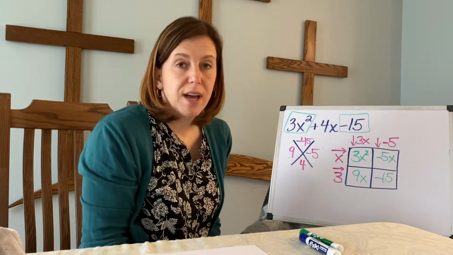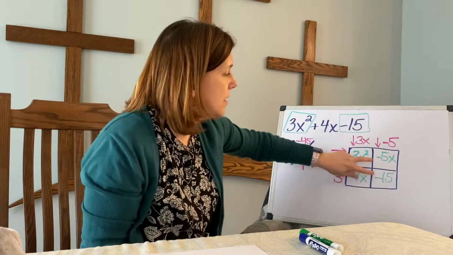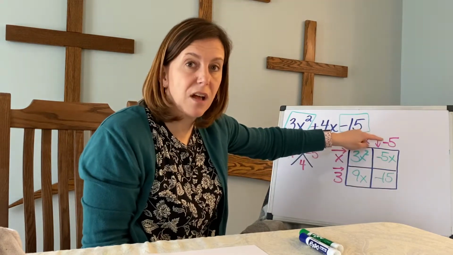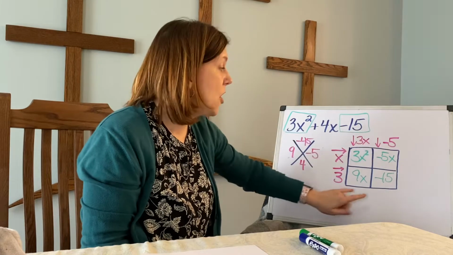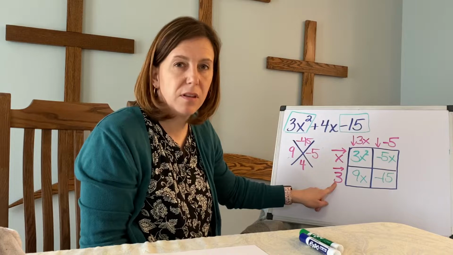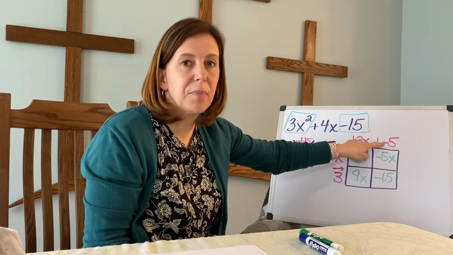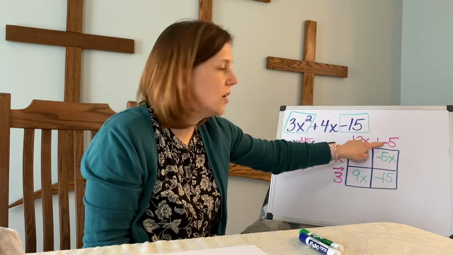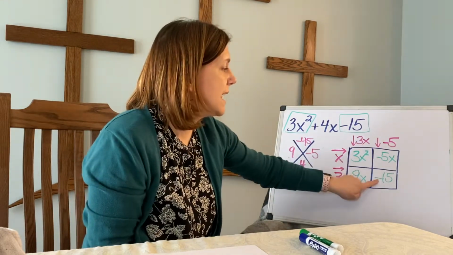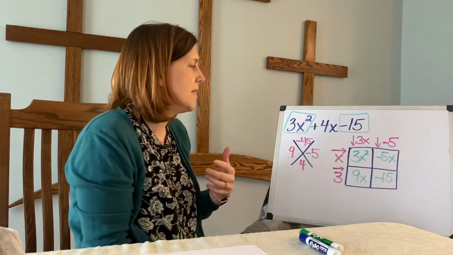In this shortcut method, if both of the numbers are negative, I take a negative number out as my greatest common factor. If only one is negative, I only take the positive. So if they're both the same, take that negative coefficient out. Negative 5 and negative 15, so I'm going to take a negative 5 out. That's how it works for this method.